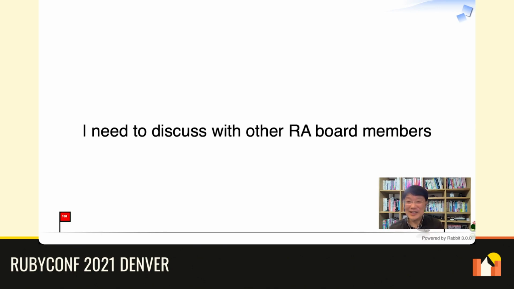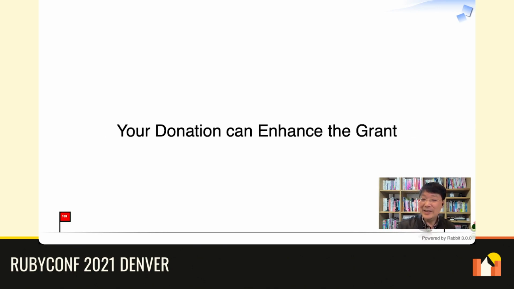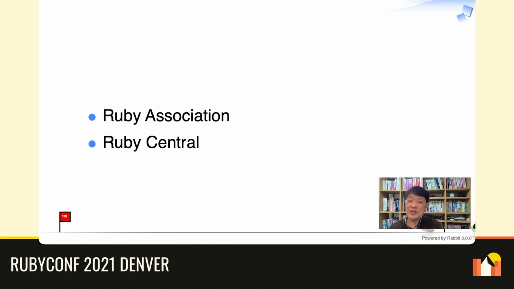I need to discuss with other Ruby Association board members. Probably your donation can enhance the grant. The Ruby Association, a Japanese organization, accepts donations, and Ruby Central, of course. I'm not a board member of Ruby Central, but I think Ruby Central accepts donations towards this grant or something like that.